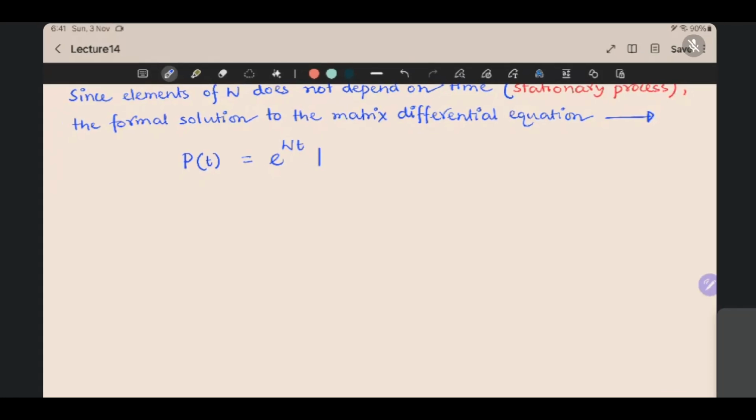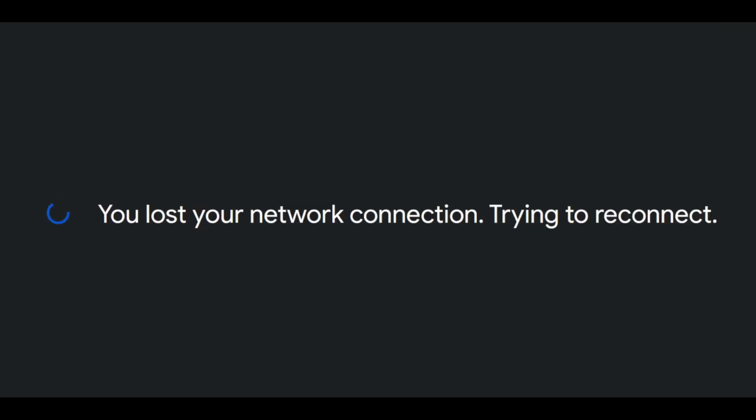Now where of course P naught is a column vector whose jth row is 1, and this is because of the initial conditions.